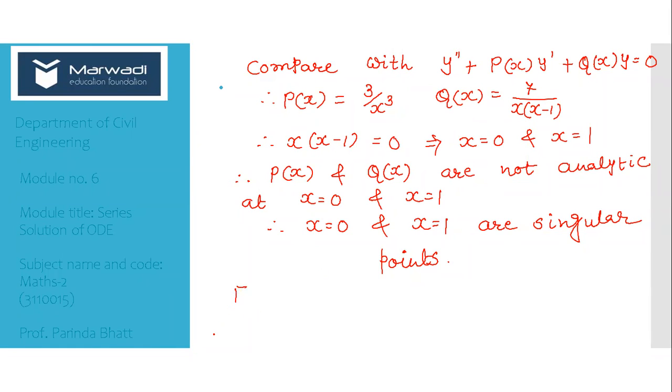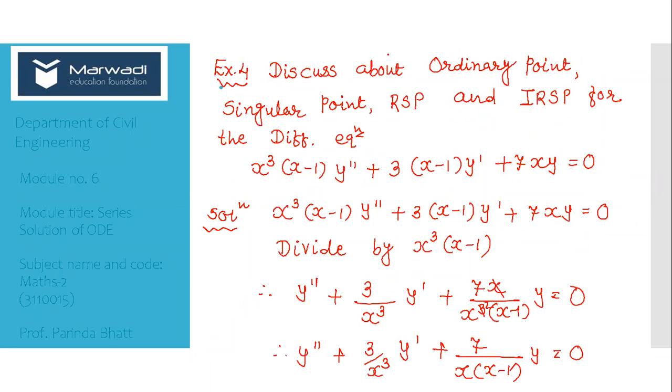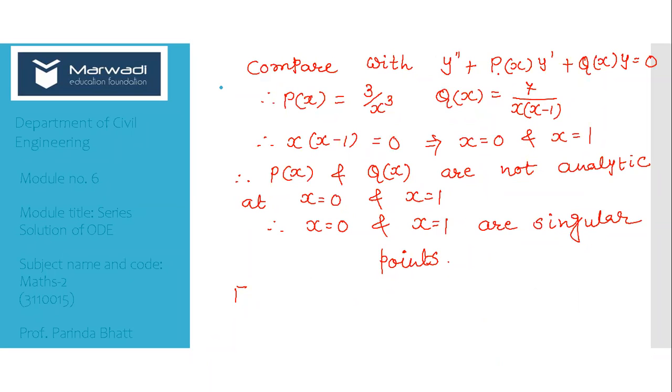Okay, now we check whether the singular points are regular singular or irregular singular. Before that, another question is here. Discuss about ordinary points. Anyone unmute yourself and tell me what are the ordinary points, Kinjal?